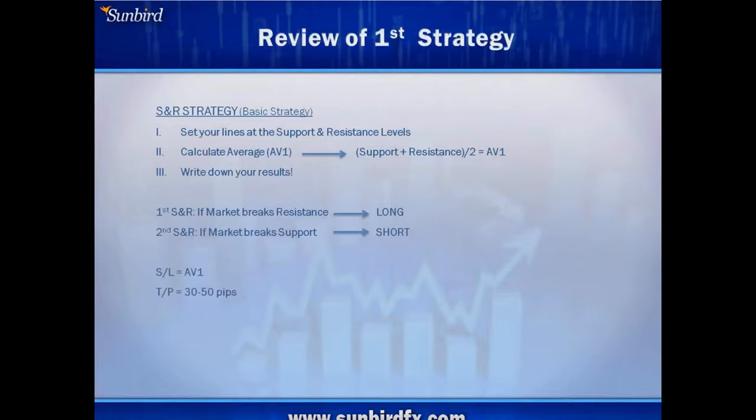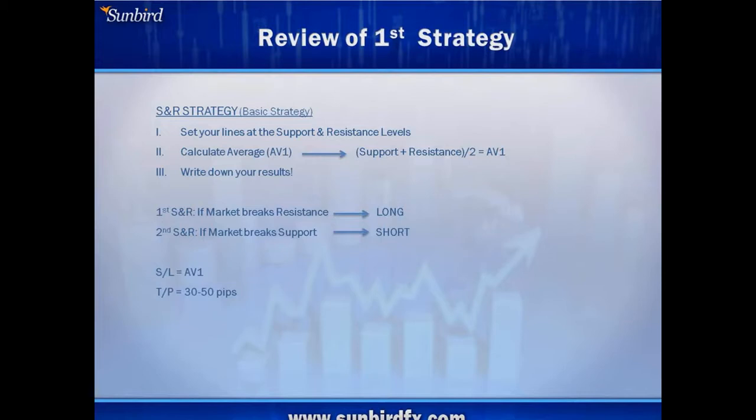First of all, let's do a small review of exactly what we have learned in the past weeks. We have the SNR strategy, the basic strategy, so let's review it very quickly. First, you need to set your lines at the support and resistance levels. We need to calculate the average of the resistance and support, which we will call average 1.